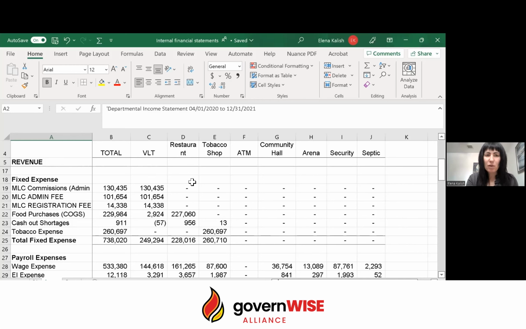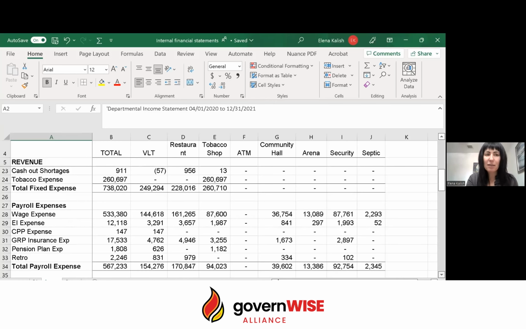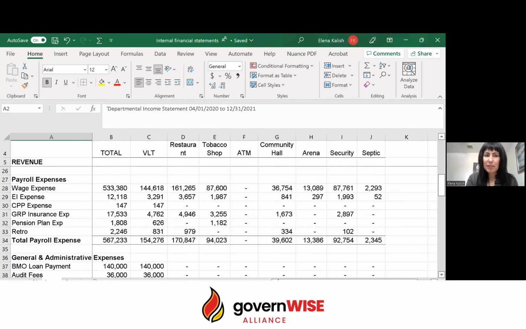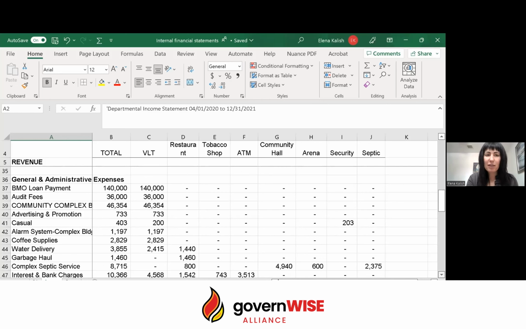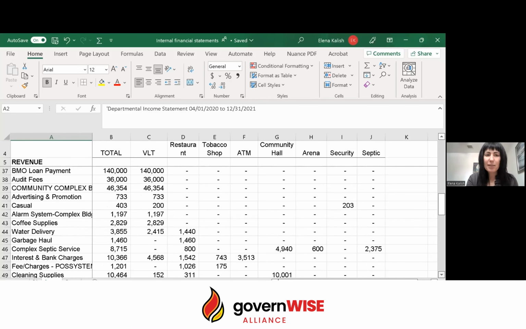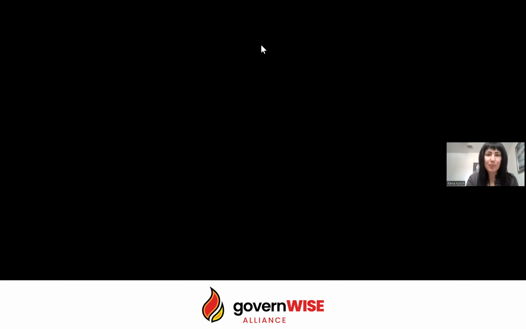So for instance, all the gaming expenses are presented separately from overhead. Then payroll expenses are separate, and then general and administrative expenses are separate, and they're grouped by categories that make sense for that business. So let's take a look at another example.